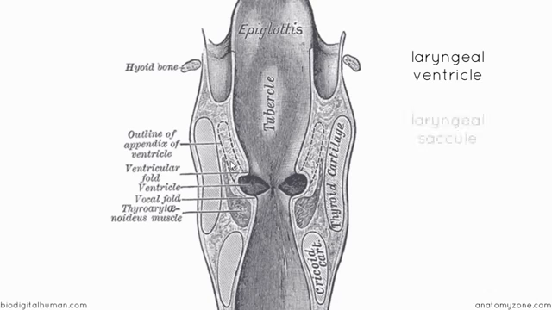This is the laryngeal saccule. This saccule has glands which produce secretions which lubricate the larynx. So you've got the laryngeal saccule and the laryngeal ventricle, and the saccule has glands which secrete mucus to lubricate the vocal folds.